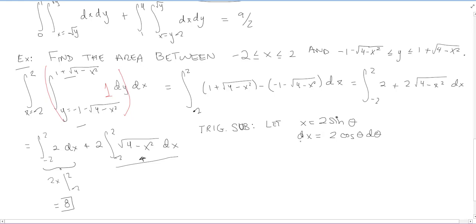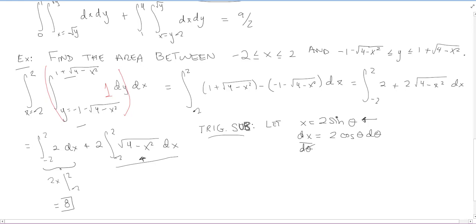So that's the derivative of x with respect to theta, then multiplying by d theta. Technically, if you think of d theta being down here, you multiply by it to get it over to the right side. So I make this choice for x, letting x equal 2 sine theta, and I won't get into this because hopefully this is familiar to you, but if not, please review trig substitution.